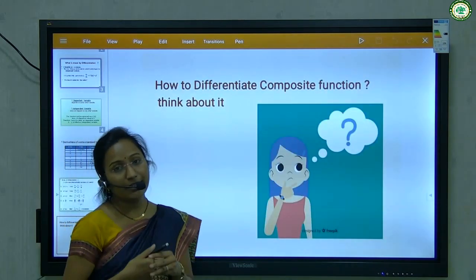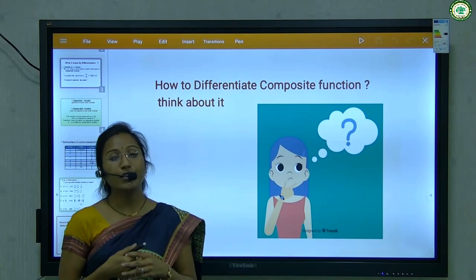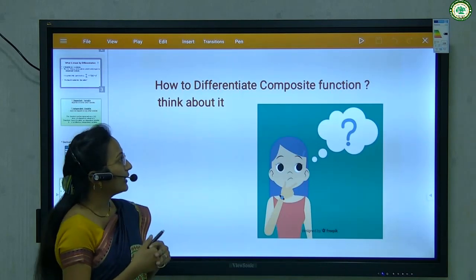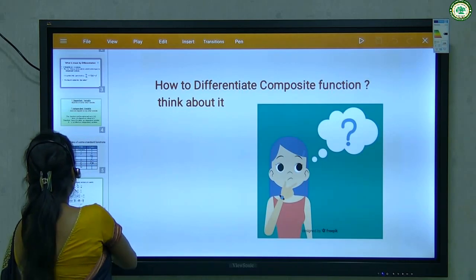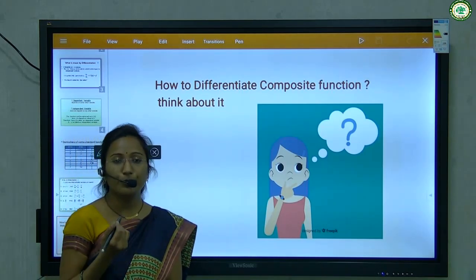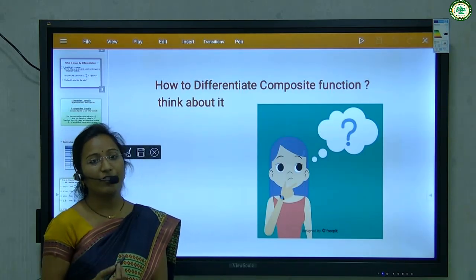Now, how to differentiate a composite function? Think about it. What is meant by a composite function? A composite function is a function of a function.